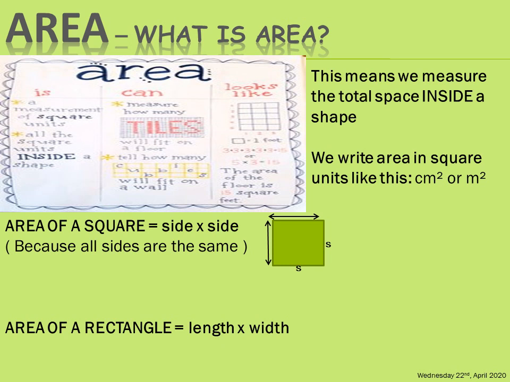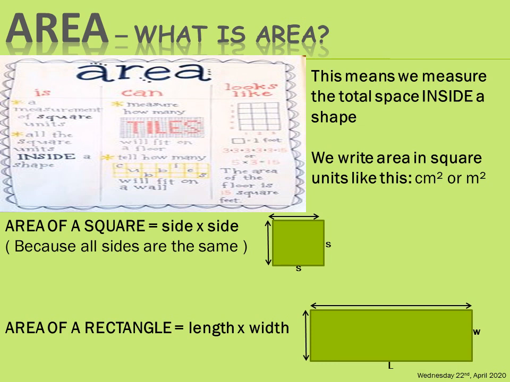Now what about a rectangle? Rectangle is length multiplied by width. I have shown you where the length of a rectangle is and where the width of a rectangle is. So for my rectangle here, if my width is 5 centimeter and my length is 10 centimeter, this time around I am not adding all the sides.